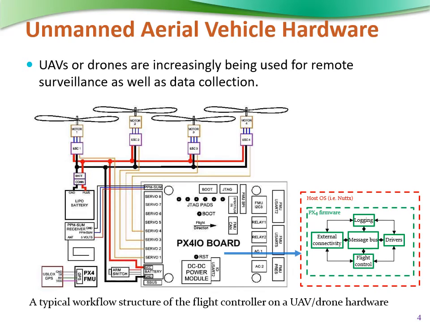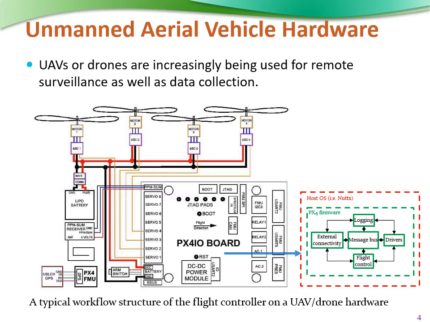This PX4 firmware runs on a host operating system, and this operating system provides a message bus that handles communication between different components of the firmware: flight controllers, drivers, external connectivity, and also data logging.